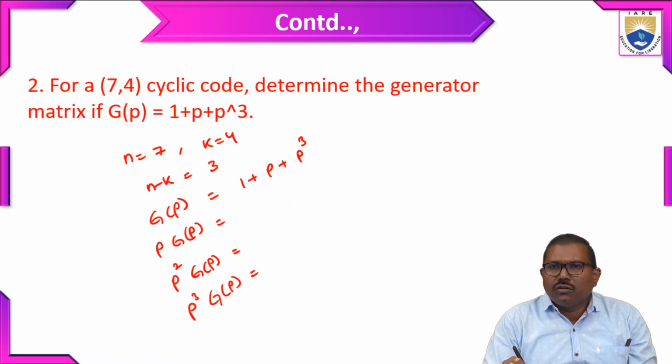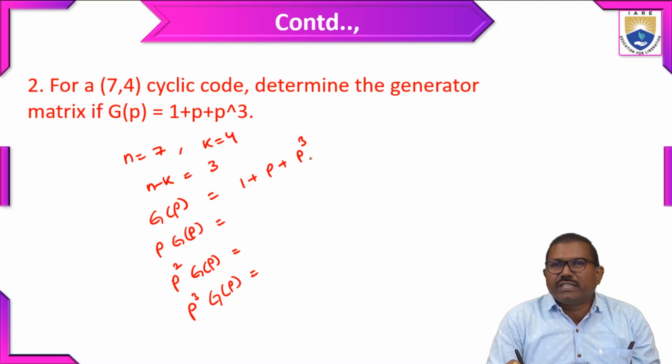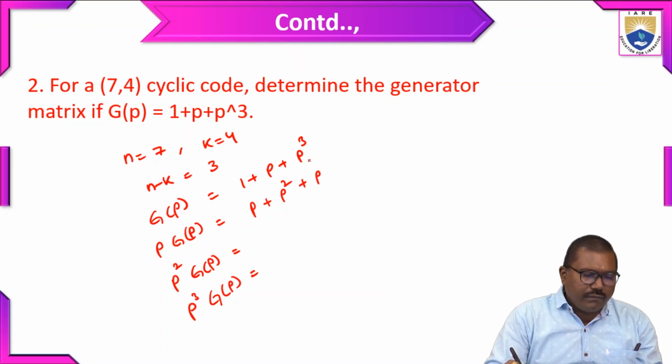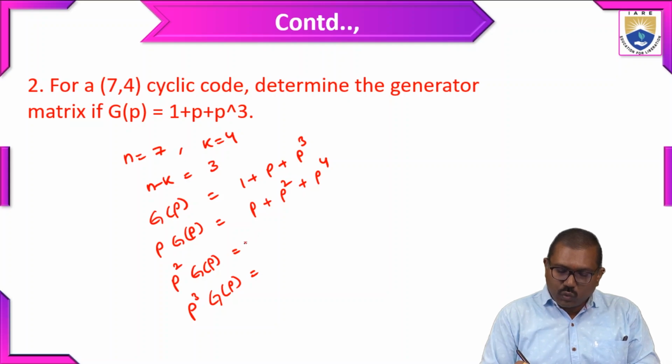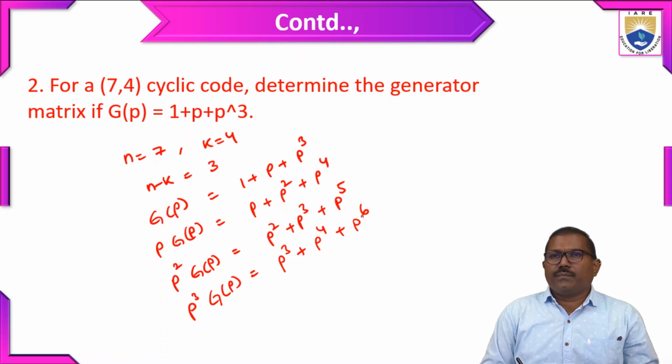So first you multiply P into G of P. G of P is 1 plus P plus P cube. So P into G of P gives P, P square, P4. P square into G of P gives P square, P cube, P5. And P cube into G of P gives P cube, P4, P6.